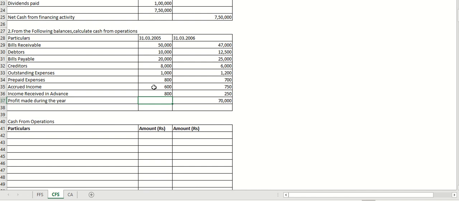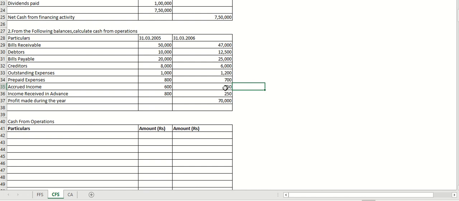Prepaid expenses, last year it is 800, current year it is 700, it has decreased. It's a current asset, so it has decreased, so you will add it. Accrued income, 600 and 750, it has increased.